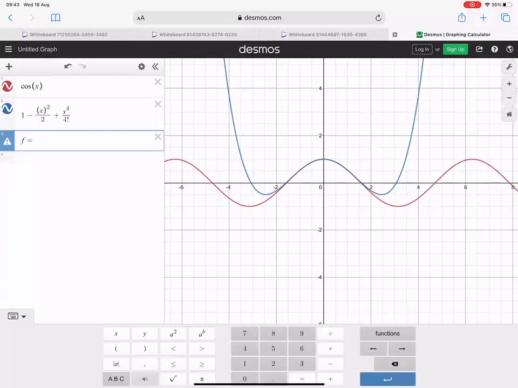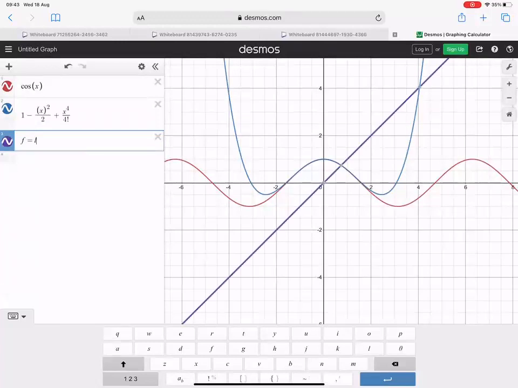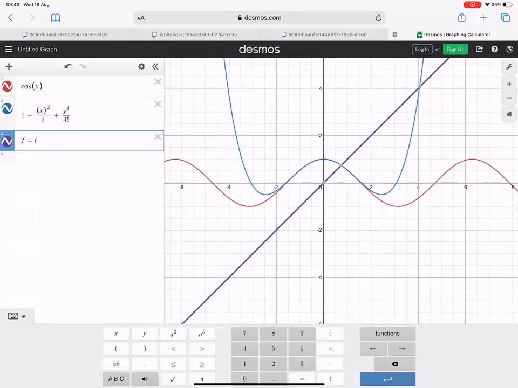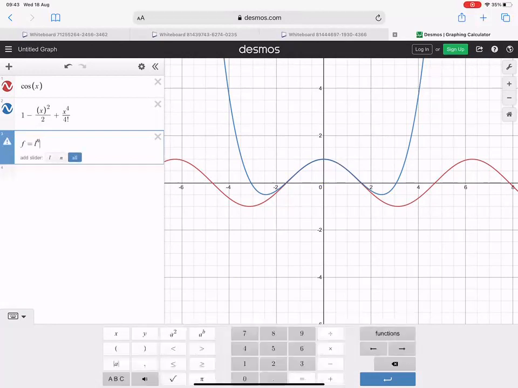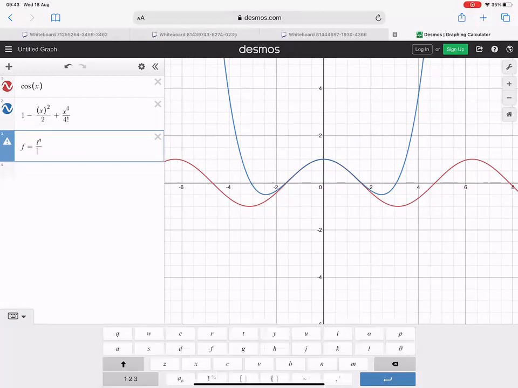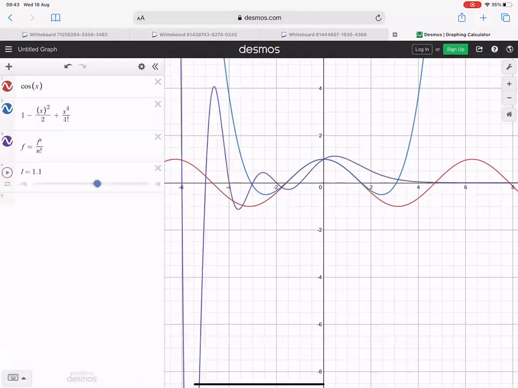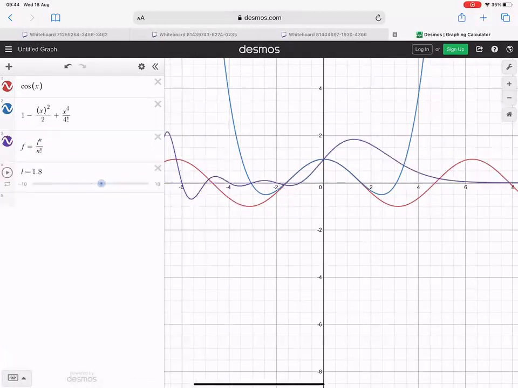F equals L to the power of, let's say, n over n factorial. Okay, all right, I'll just take off those two.